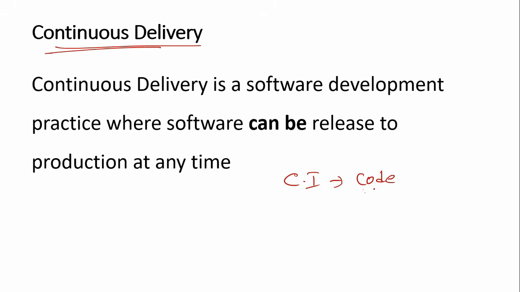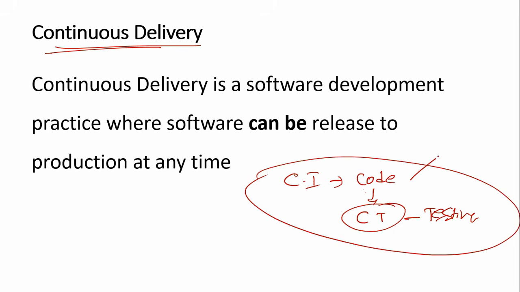Here itself, CT, it is not a word commonly used, but CT means continuous testing. In this process, when code is integrated continuously, there should be deployment in between, no? So they will say continuous deployment.